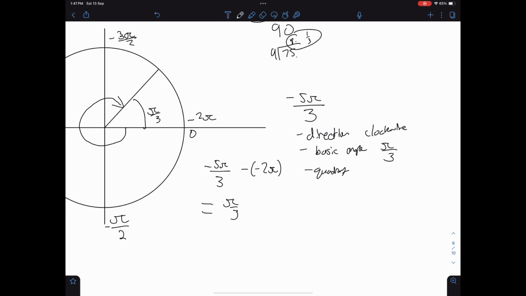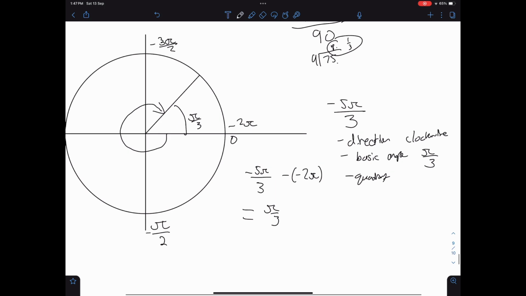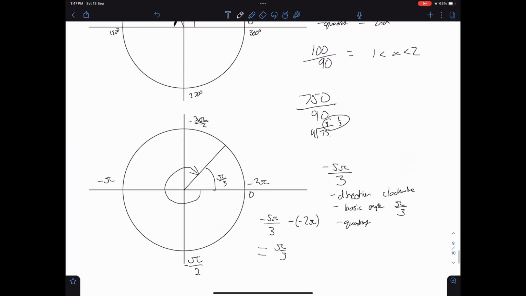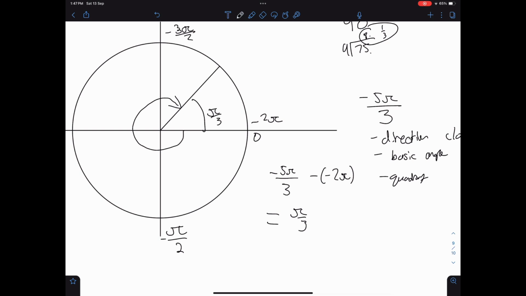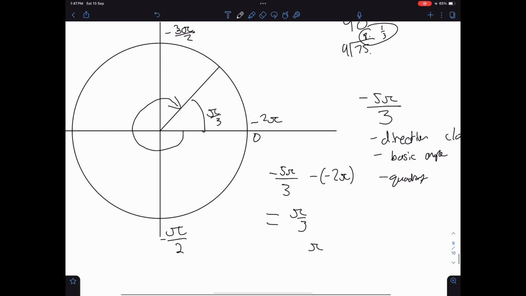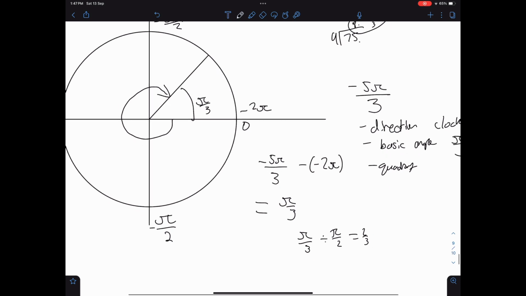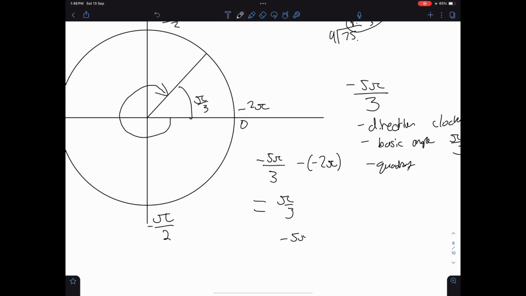And then the quadrant, we've already figured this one out, but you do this same thing a little bit, rather than dividing by 90, you divide by pi over 2. So you get 2/3.